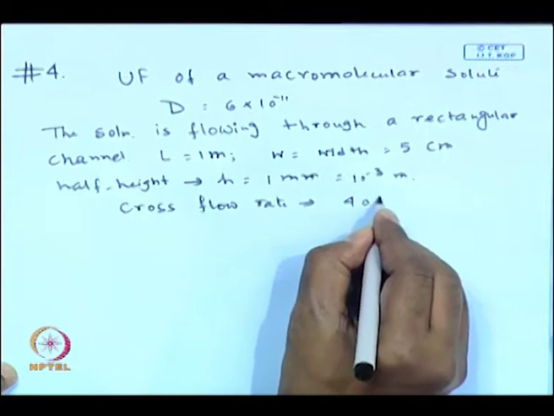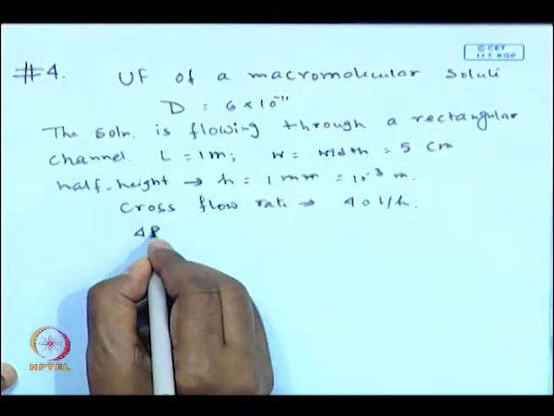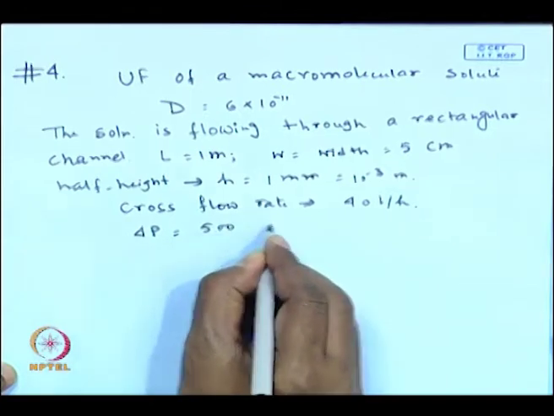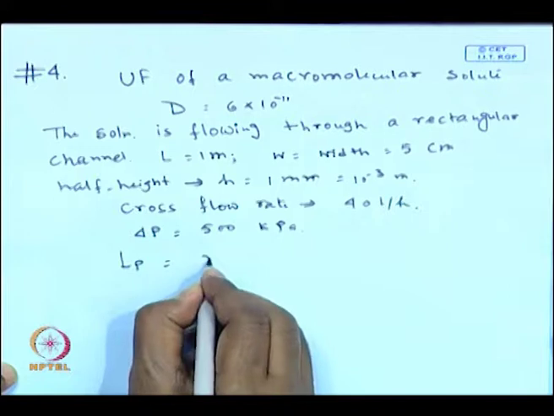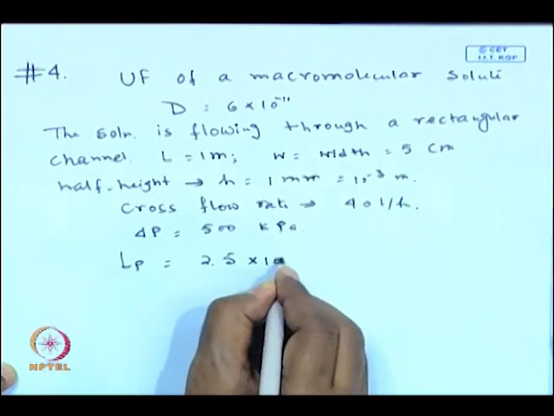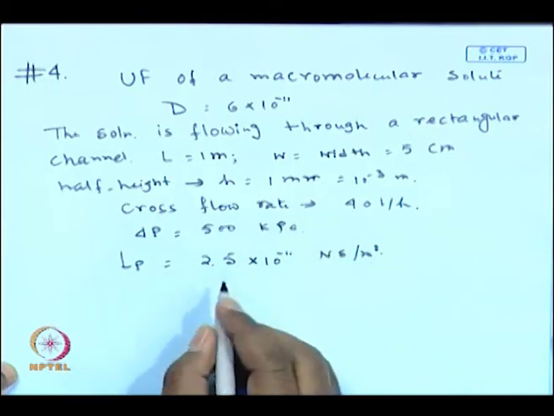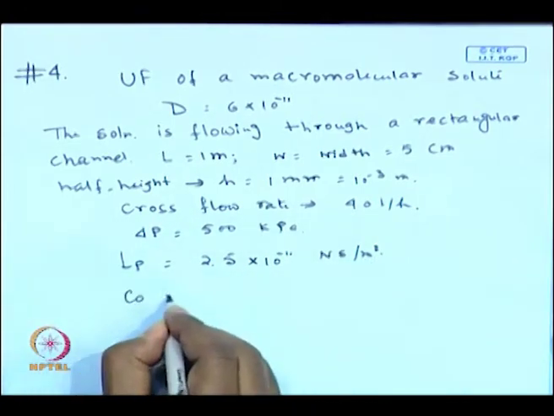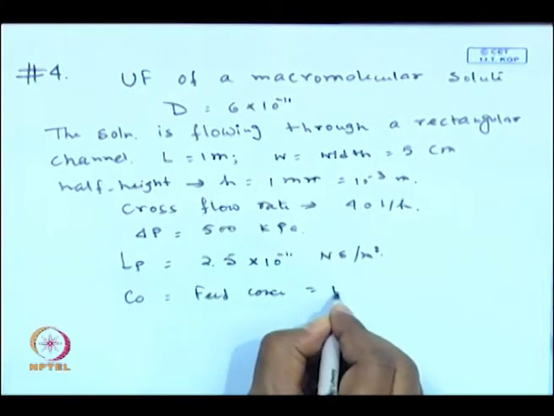is 40 liter per hour and transmembrane pressure drop delta P is 500 kilopascal. Membrane permeability is given as 2.5 into 10 to the power minus 11 Newton second per meter cube. The feed concentration C naught is 10 kg per meter cube.